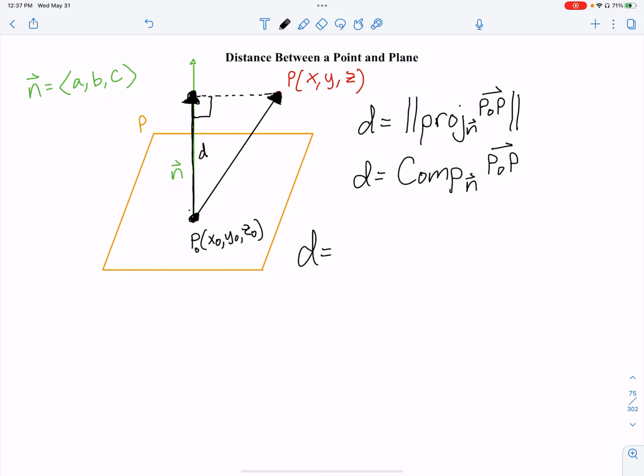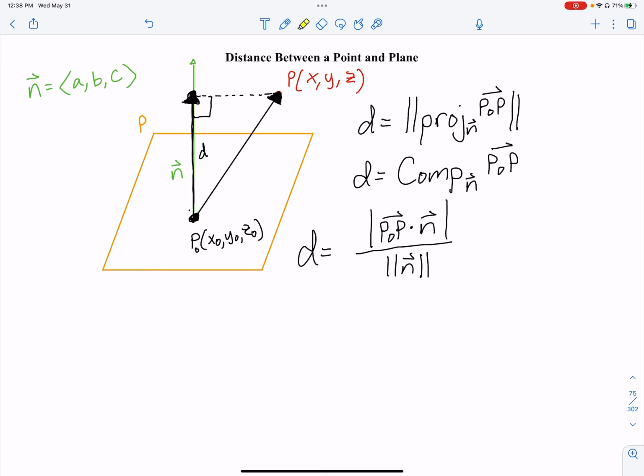The equation for that, and we're not going to derive it again, was the dot product between my vectors, the actual vector going to the point and the normal, and we want the absolute value because it's going to be distance, and then we're going to divide that by the magnitude. That was using the definition of component. If you look up the definition of component, that is the formula given.